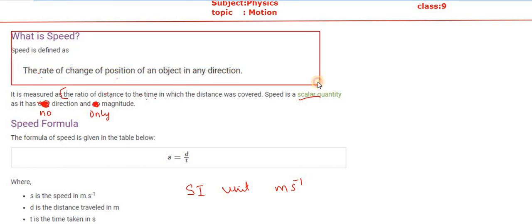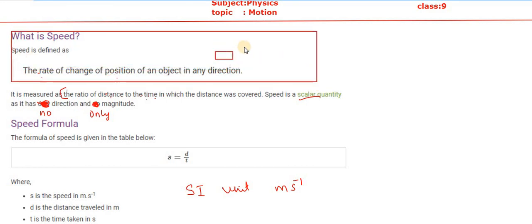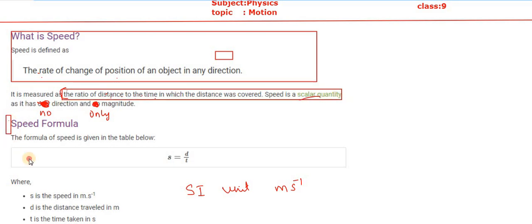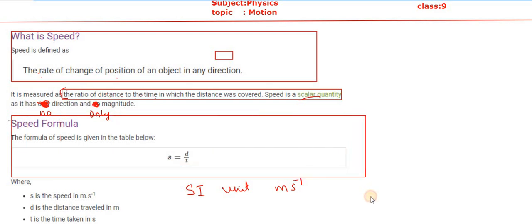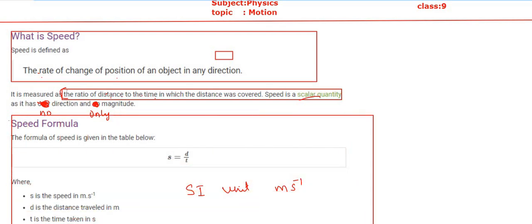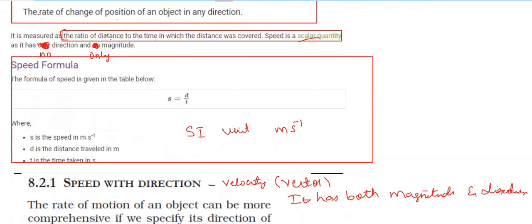Speed is defined as, write that one, and also write this: speed is a scalar quantity. Also write the speed formula and the SI unit in your points book.